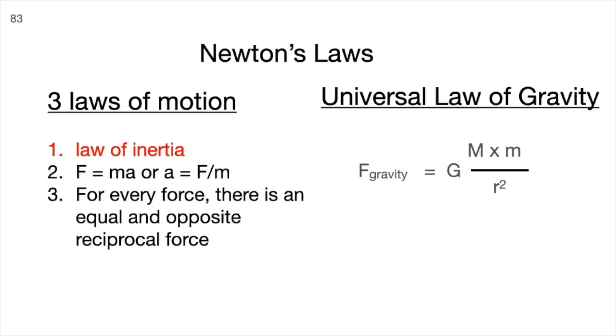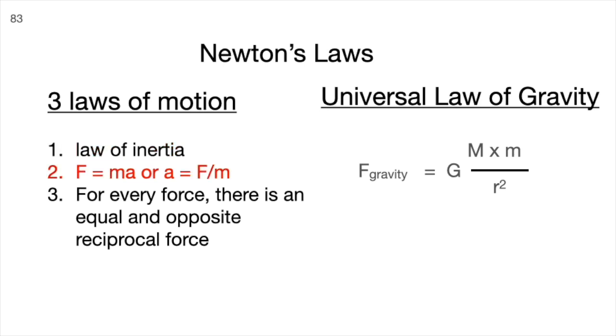Here they are. The law of inertia postulates that a body at rest will remain at rest unless an external force acts upon it, and that a body in motion will maintain the same velocity in terms of both speed and direction unless an external force acts upon it.